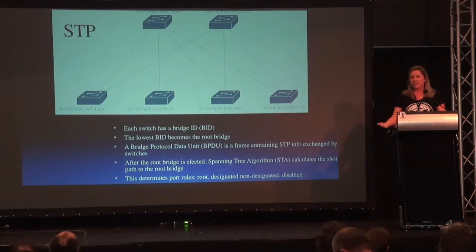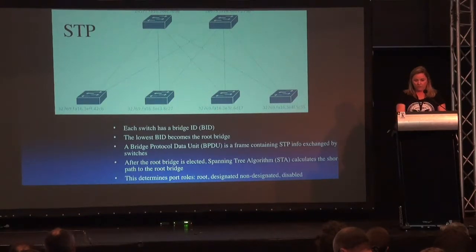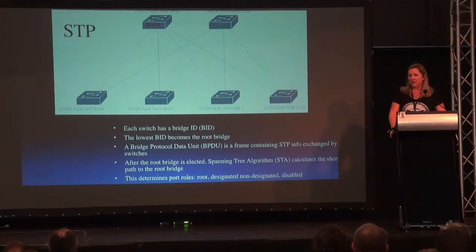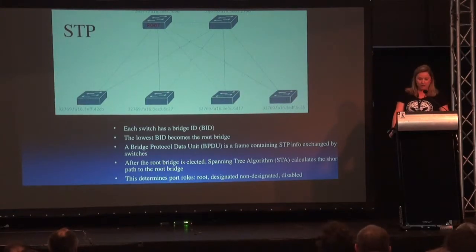So as an engineer, you generally make your core switch your root bridge. So that would elect this switch here as the root bridge. Once the root bridge is elected, and this is done through sending BPDU packets, I don't know if you've ever connected to a network and had a look, you may have seen the spanning tree frames coming through every 2 seconds by default.